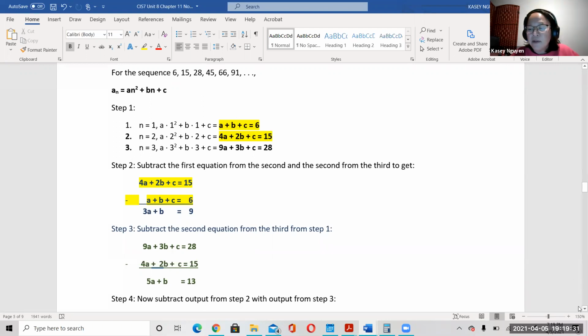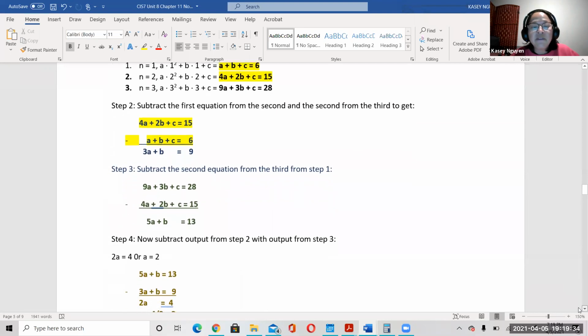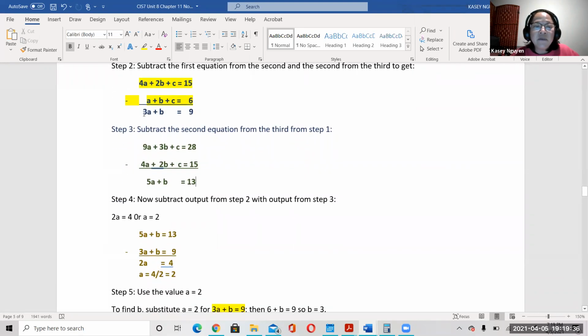So now after we find the first level of difference, we operate the subtraction to get the second level difference. If I take 5A plus B equal 13, from step 3, minus 3A plus B equal to 9 from step 2, I have 2A equal to 4.